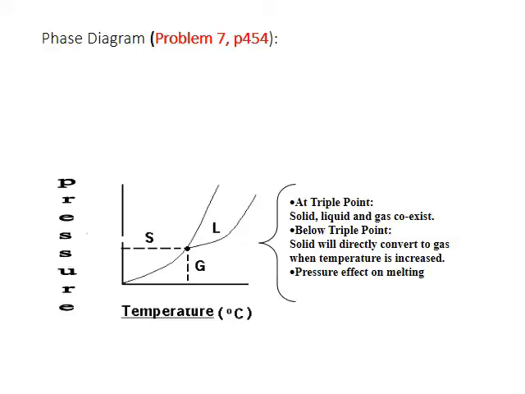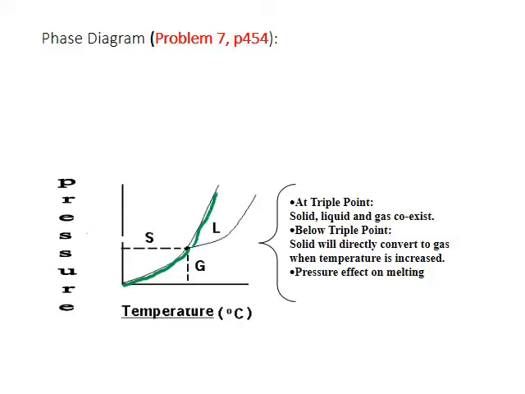So in this phase diagram, let me first explain. On the left side you see solid, on the right side of that curve you have liquid, and on the far right you get gas. Let me show you a different color. This is the curve for solid, I'm showing you in green.